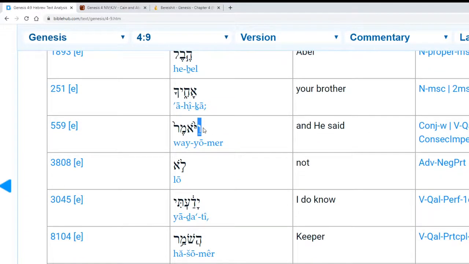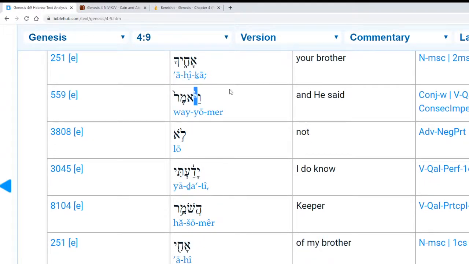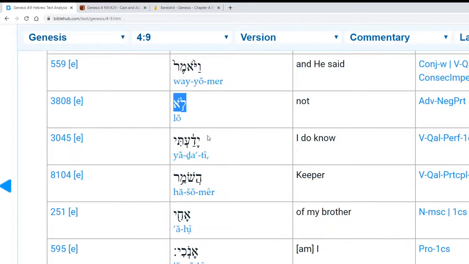Vayomer, so conjunctive vav, imperfect, amar, to say, and he said, referring to Cain, obviously, lo yadati, lo, not, as it is almost always, yadati.